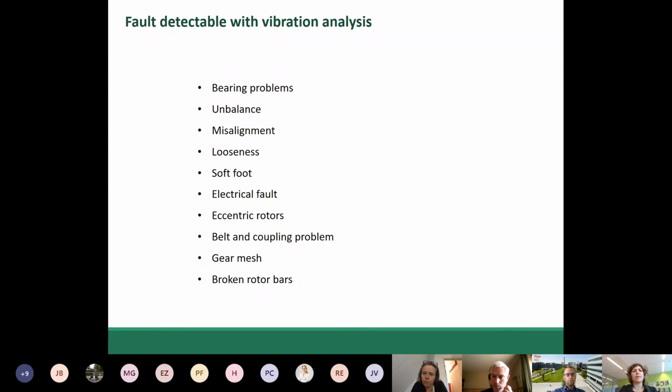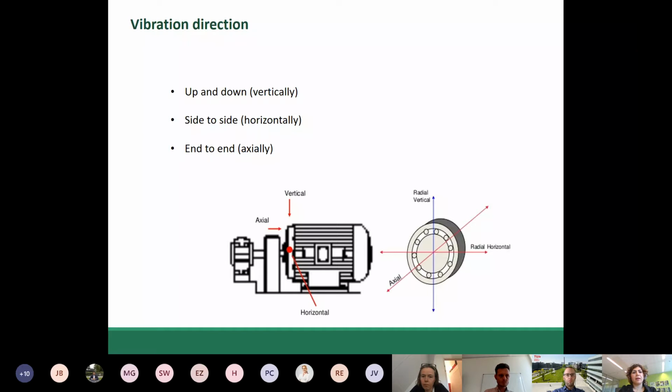These are the types of faults that we can detect with vibration analysis. Our contact person in Royal EHC has asked us to focus more on the bearings problem. However, there is the possibility to also look at other types of faults that I've mentioned here.